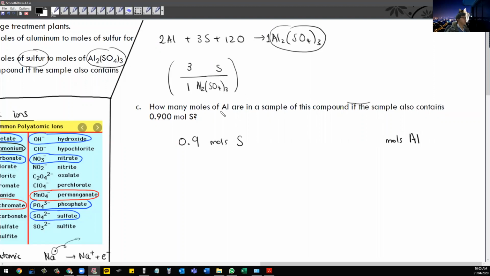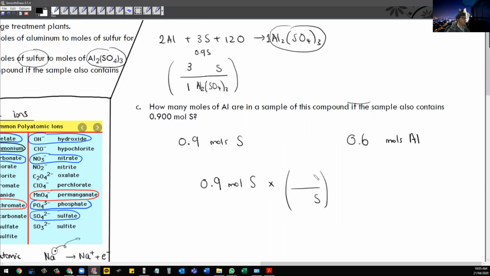All you got to do, so you have 0.9 sulfur, right? Divide that by that, times by that. Oh, right, yes. Then you get 0.6. Or if you're using the pair conversion factor, it's moles of sulfur, times that by the pair conversion factor.